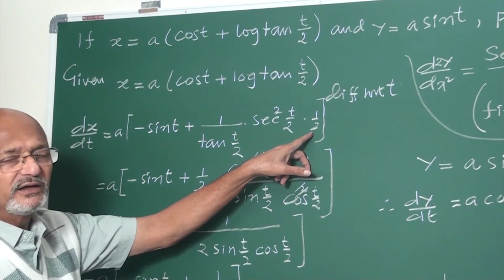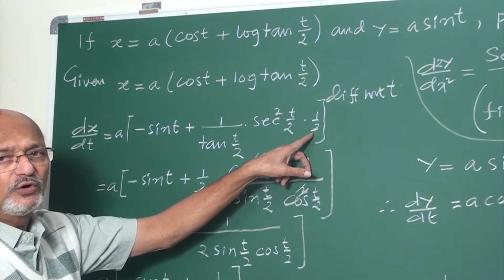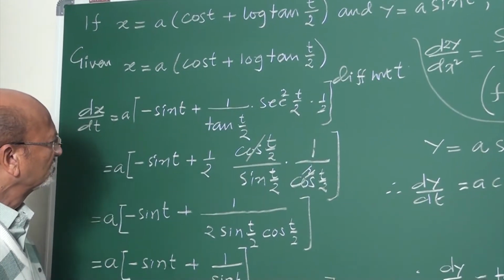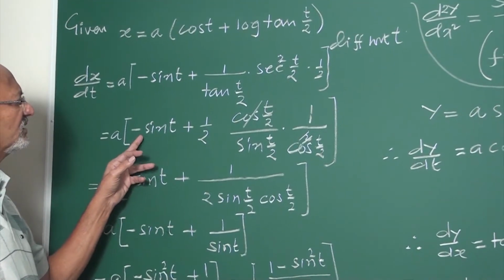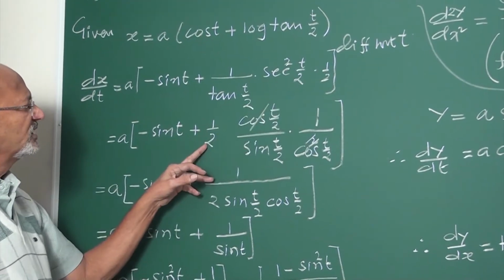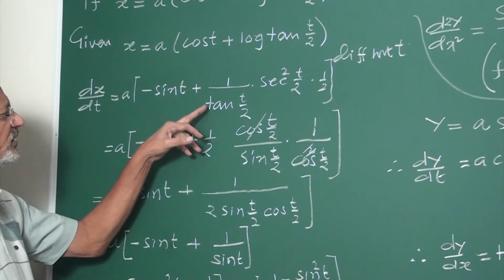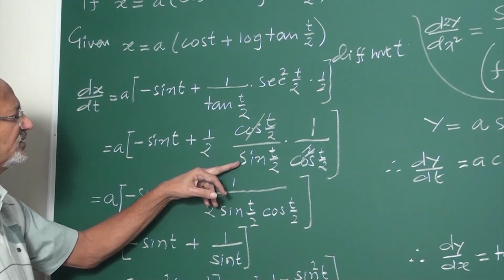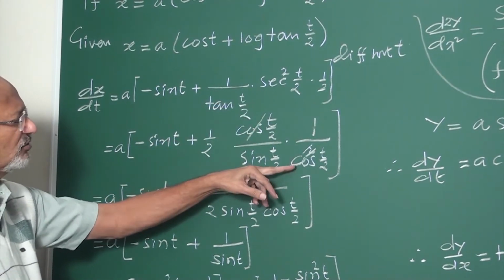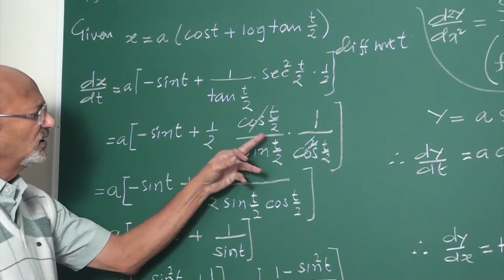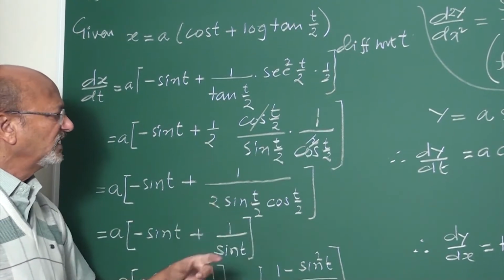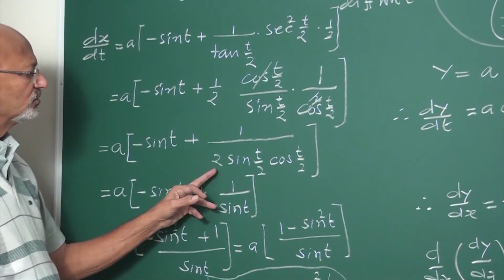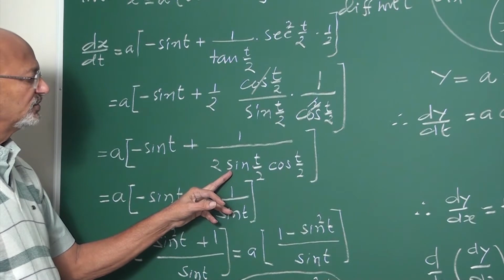It is 1 by 2, since the derivative of kx is k. The rest is your simplification. Minus sin t, and this 1 by 2 I have written here. Tan lifted to the numerator, 1 by tan is cot, which is cos by sine. Sec square pushed down is cos square. One cos cancels, and you are left with 1 as numerator upon 2 into sine t by 2 into cos t by 2.